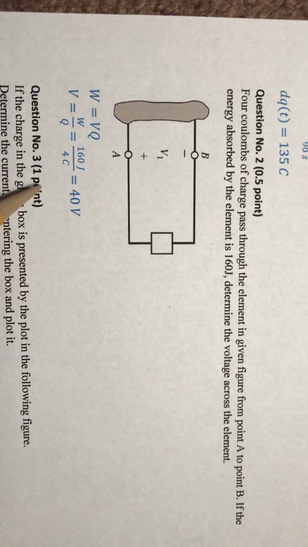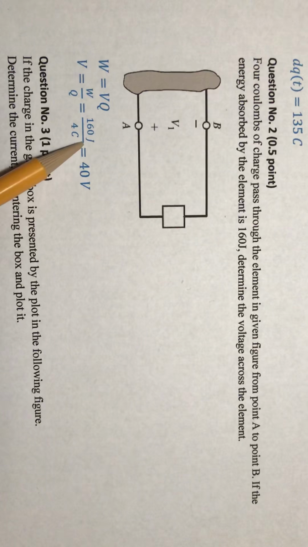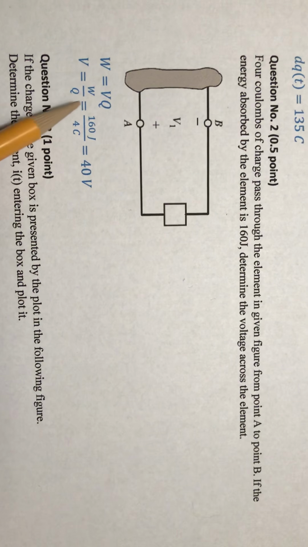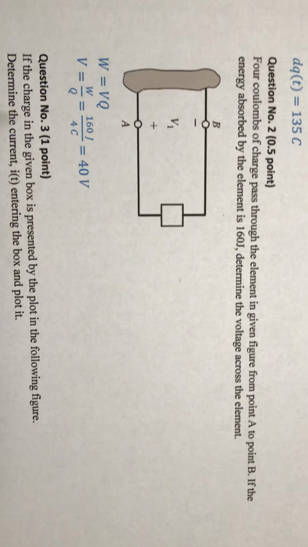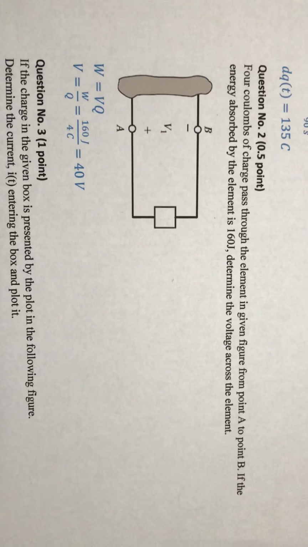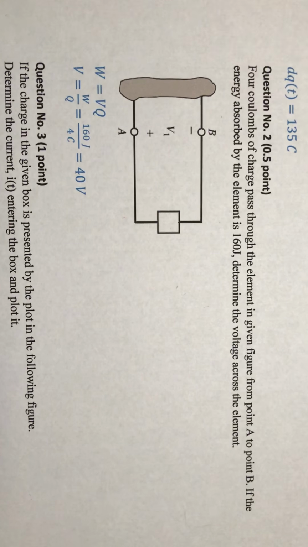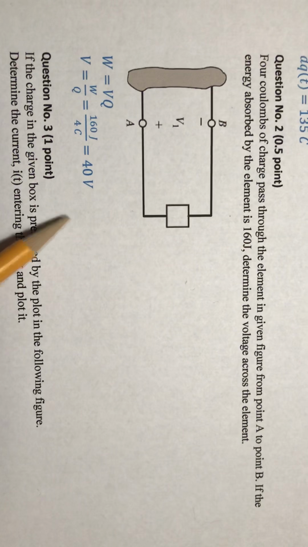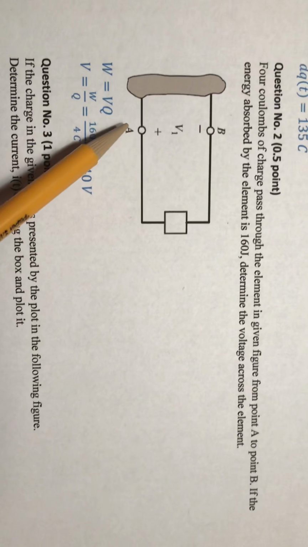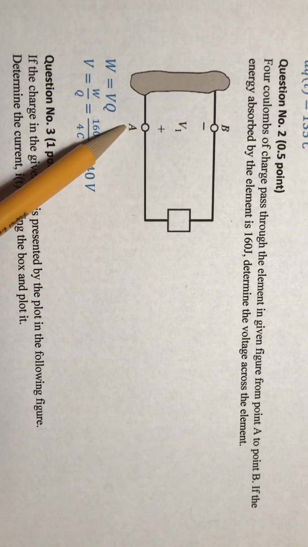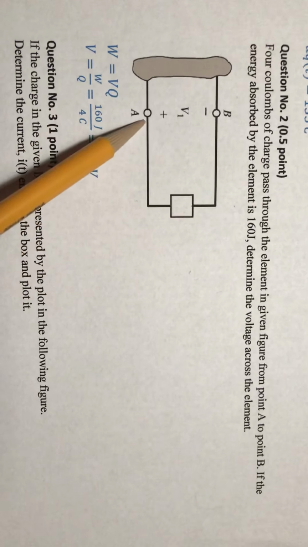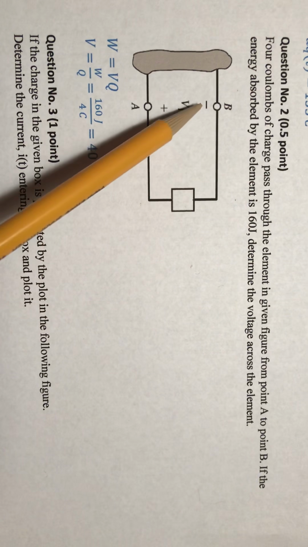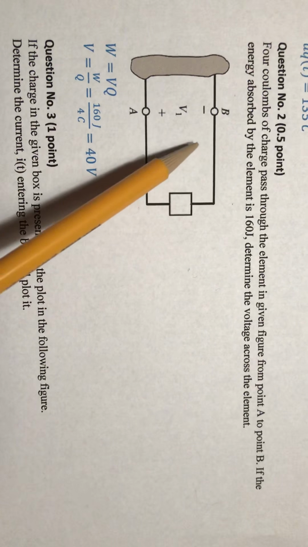And so with that being said, I got 160 joules for the work divided by 4 coulombs of charge, which gave me 40 volts. And the reason that it is positive is because the 4 coulombs of charge move from A to B, which is from positive to negative.